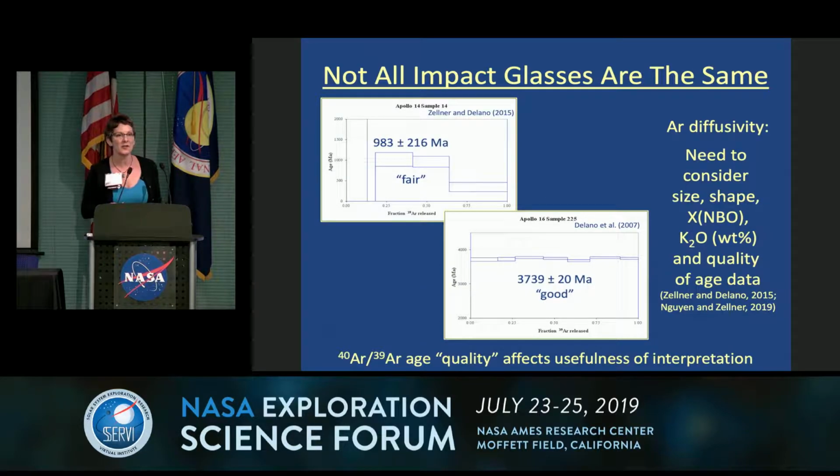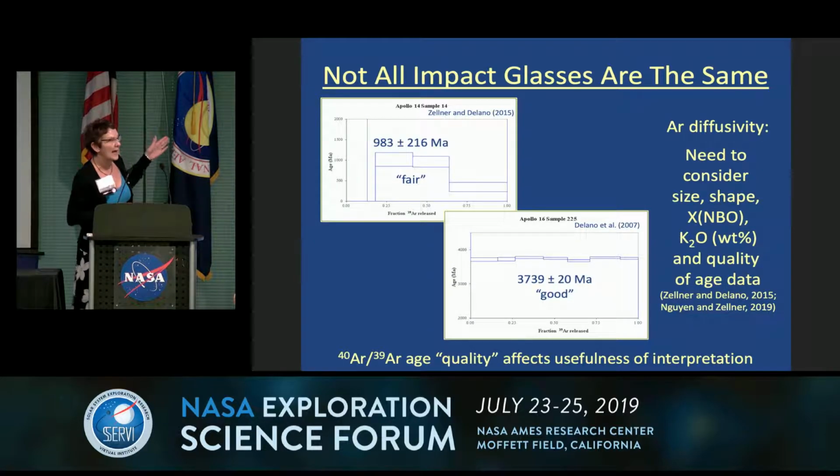But not all lunar glasses are the same, and so when you are analyzing the ANGSA samples, for example, or grabbing and looking at other lunar glasses from different sites, there is a difference between what the compositions and the shapes will tell you about those glasses. So we've developed a practice of assigning a qualitative assessment to the lunar glass ages.